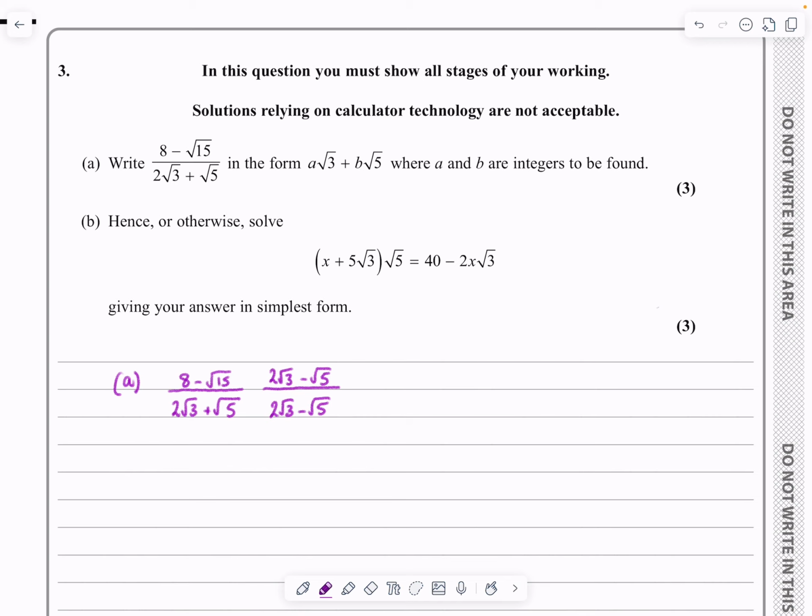So when we're doing that, I'm going to do it very slowly, but then I'll just jump about the way through. Obviously, treat this as expanding brackets. I'm going to do 8 times that, 8 times that, and then I'm going to do root 15 times that and root 15 times that. For example, when I do root 15 times 2 root 3, I'm going to call that 2 root 45.